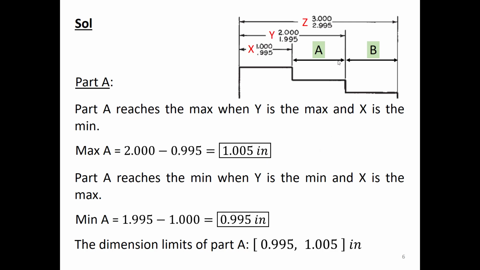And the minimum size of A is going to be when y is the smallest and x is the largest. And the dimension limits of A is going to be from 0.995 up to 1.05 inch.